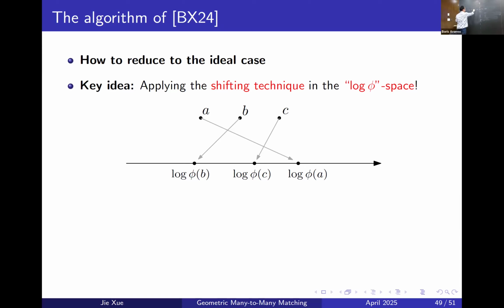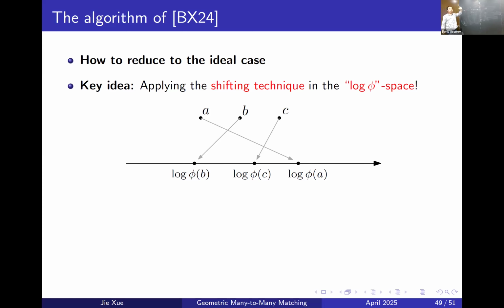You randomly shift it. If you somehow know that in the optimal solution all the edges are short in this space, say every edge has constant length, then you are happy, because the distance here is 1 over epsilon, or say 1 over epsilon squared. Then the probability that your breaking point will hit this edge is smaller than epsilon.